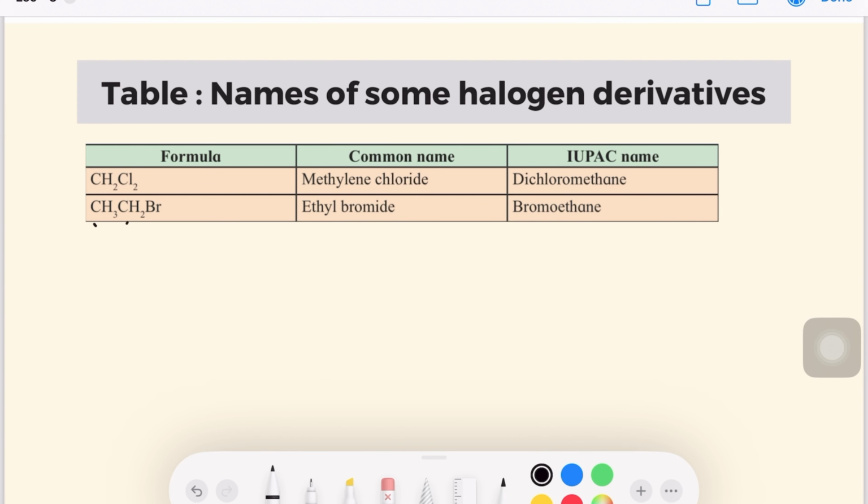The alkyl group gives the prefix, and that alkyl is ethyl, because it contains only 2 carbon atoms. And the halogen is bromine, which ends as ide, bromide.